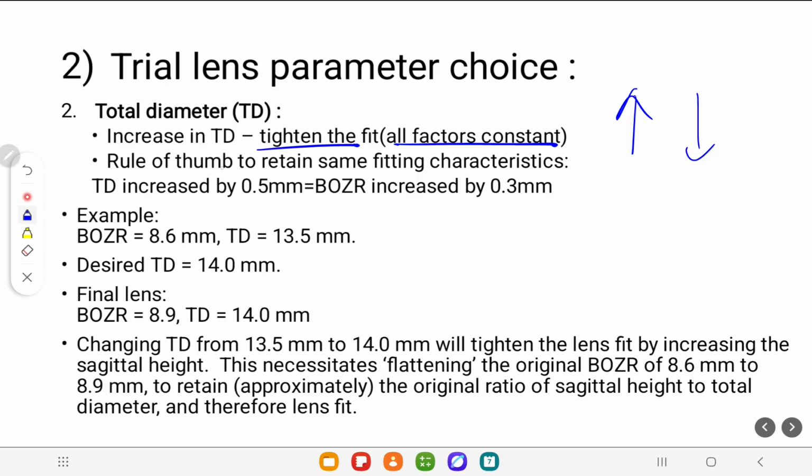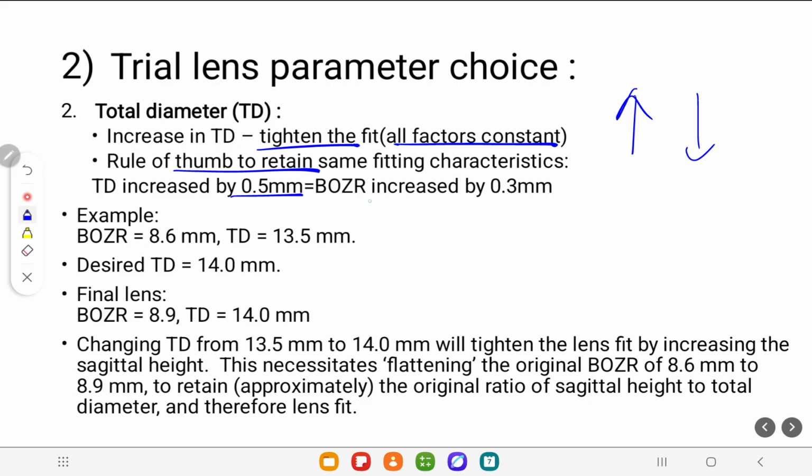So there is a rule of thumb which is a very common MCQ. What is the rule of thumb? It is if the total diameter of a soft contact lens, just remember, we are talking about soft contact lenses. The same rule of thumb will come in RGP, but the parameter numbers are different. If total diameter increases by 0.5 mm, sagittal height increases, but at the same time we have to decrease the sagittal height by the same amount.